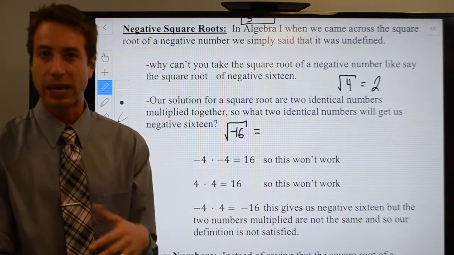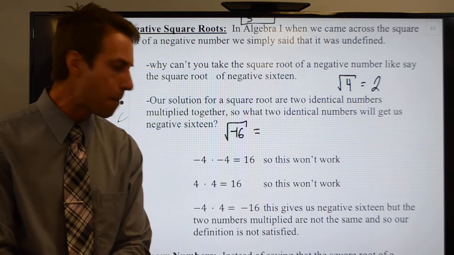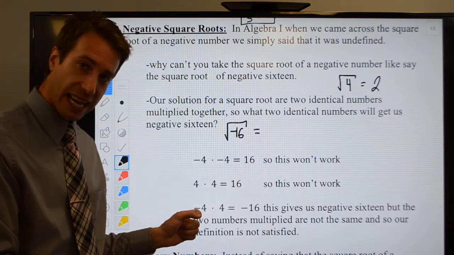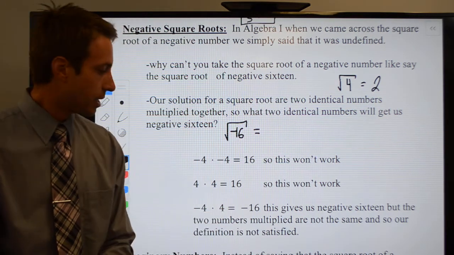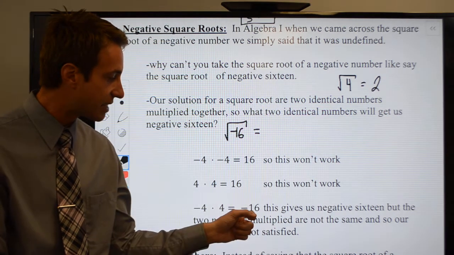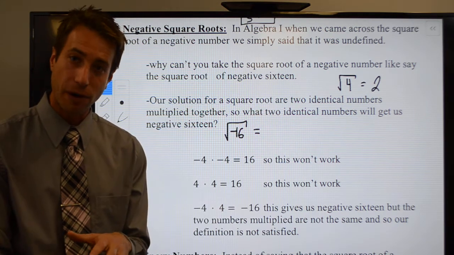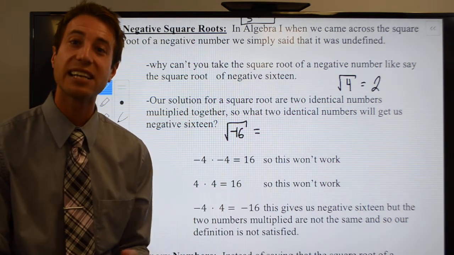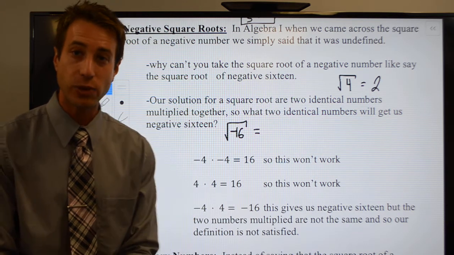It turns out when it comes to multiplication, the only way to get a negative number is to multiply a negative number by a positive number, a negative 4 times a positive 4. This does get me the negative 16 that I was looking for. However, it doesn't satisfy my definition of a square for this reason.